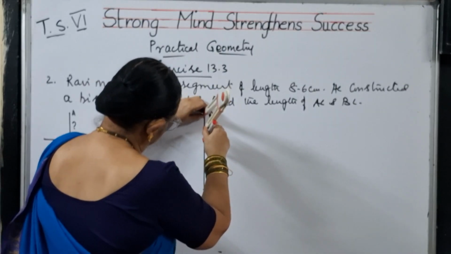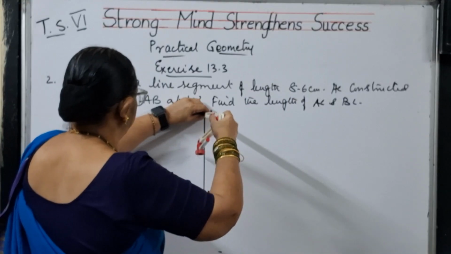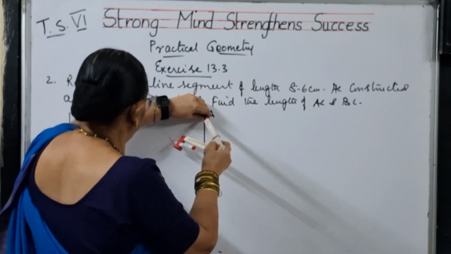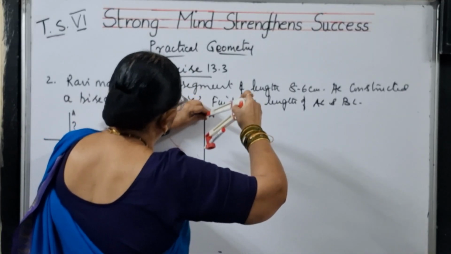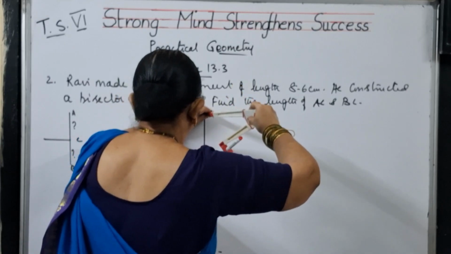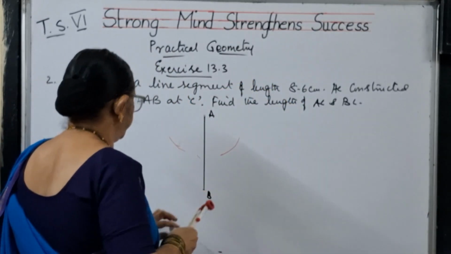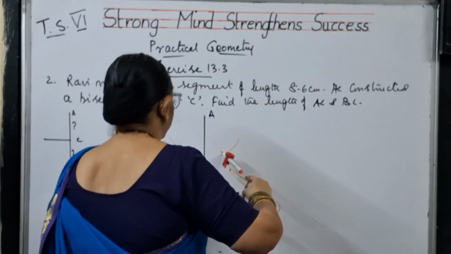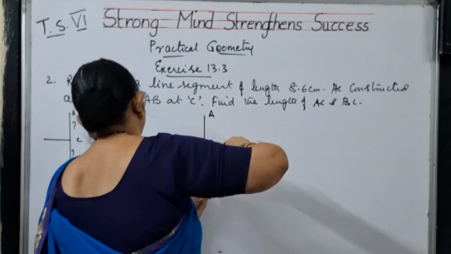A as a center, with more than half of AB as radius, draw one arc this side and another arc on the other side. Similarly, B as a center, you have to cut these arcs. One is here and one is here.